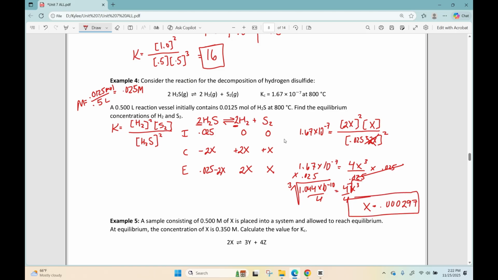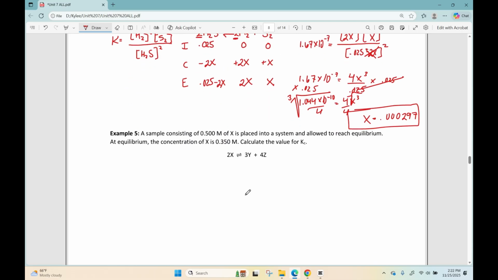So as I'm working these out, I'm showing the assumption-based solving method. Again, you could put this whole equation into a graphing calculator and have it solve it for you. The assumption-based method is a little bit easier, I think, assuming that because K is small, x is also going to be small, and that makes the math a lot more manageable. Although if you are calculator savvy, the nsolve can really help.